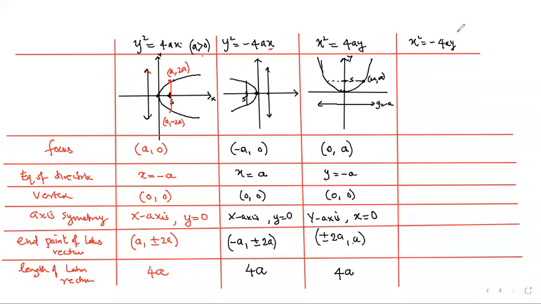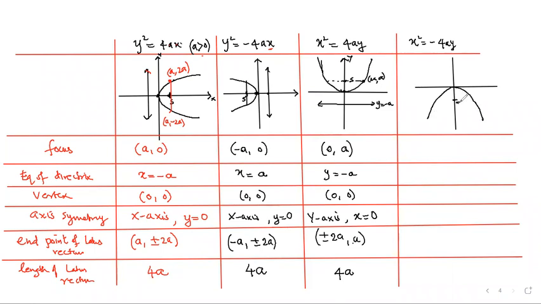Understood? Can you tell me about this parabola? Here y got to be negative, right? Then only the left-hand side is positive; the right-hand side will be positive only if y is negative. Do you understand that part? So if I'm drawing this parabola, how will it be? Y negative means which quadrant? Third and fourth. So the parabola will be like this.